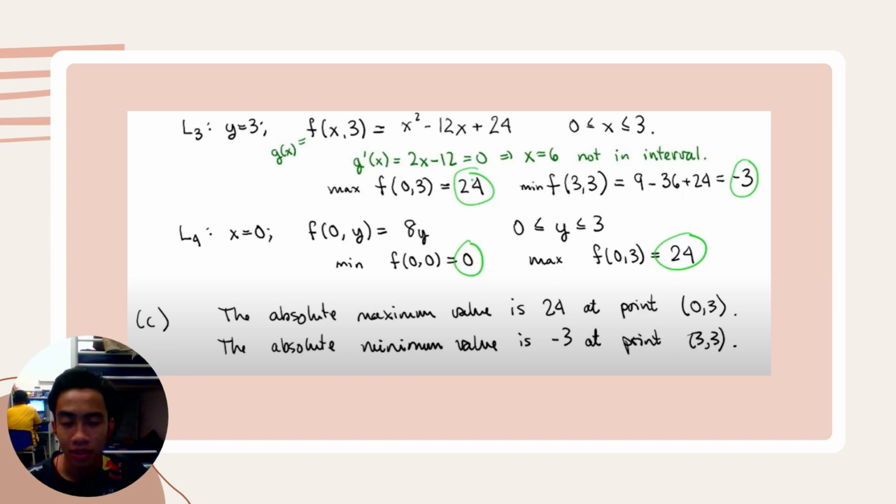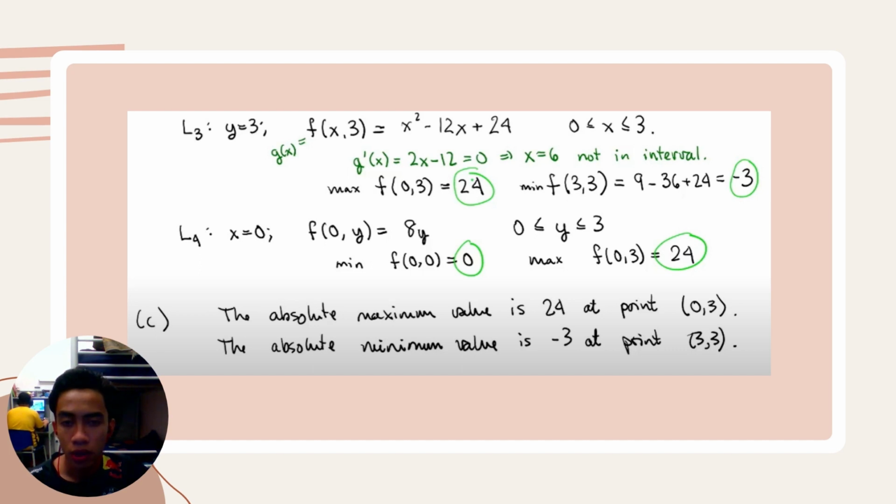The max value is f(0, 3), so we have 24 for this equation. So the minimum is f(3, 3). So we key in the values, so we get 9 minus 36 plus 24, which is equal to negative 3. Next, L4, which is x equal to 0.